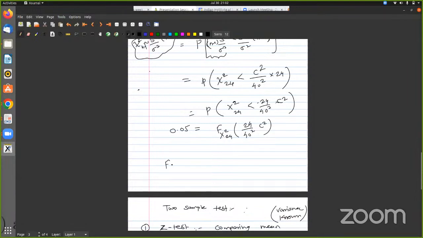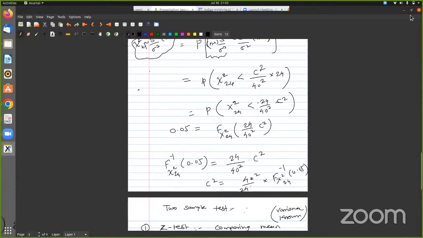Now the next step is F inverse of 0.05 equals 24 by 40 square into c square. Then you can solve it: c square equals 40 square by 24 into F inverse.